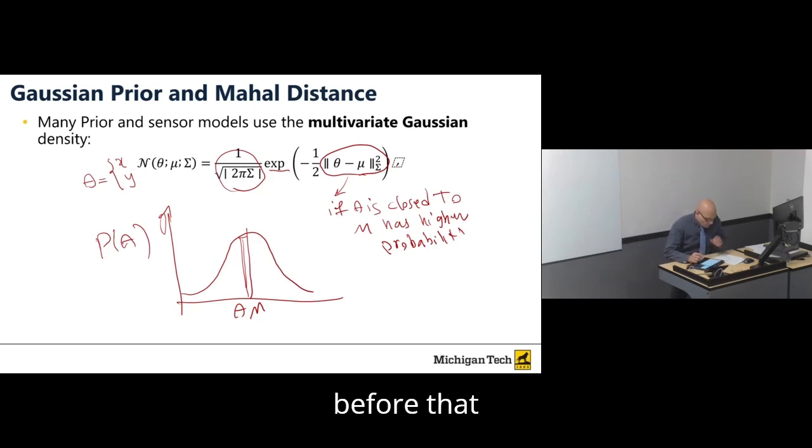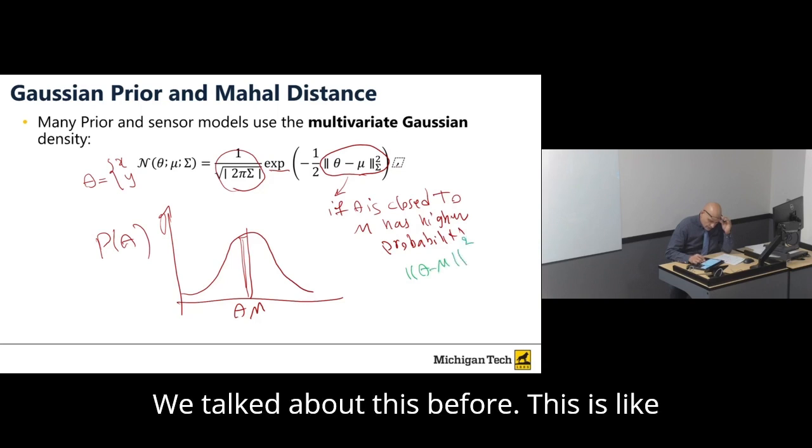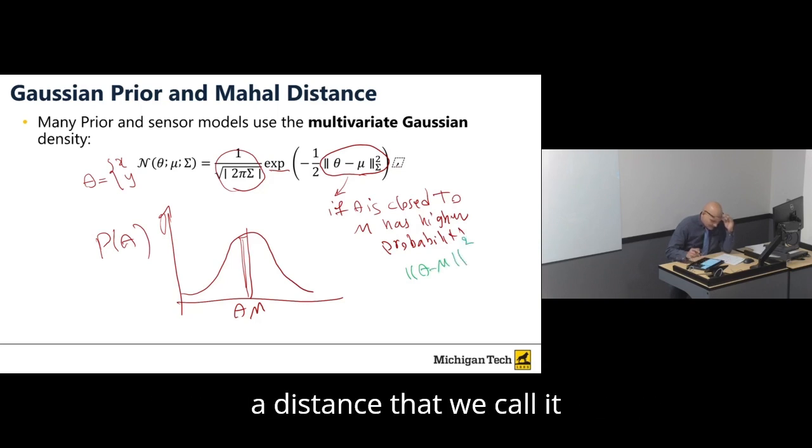We knew before that if we consider this, we call that norm. We talked about this before. This is like a distance that we call Euclidean distance.